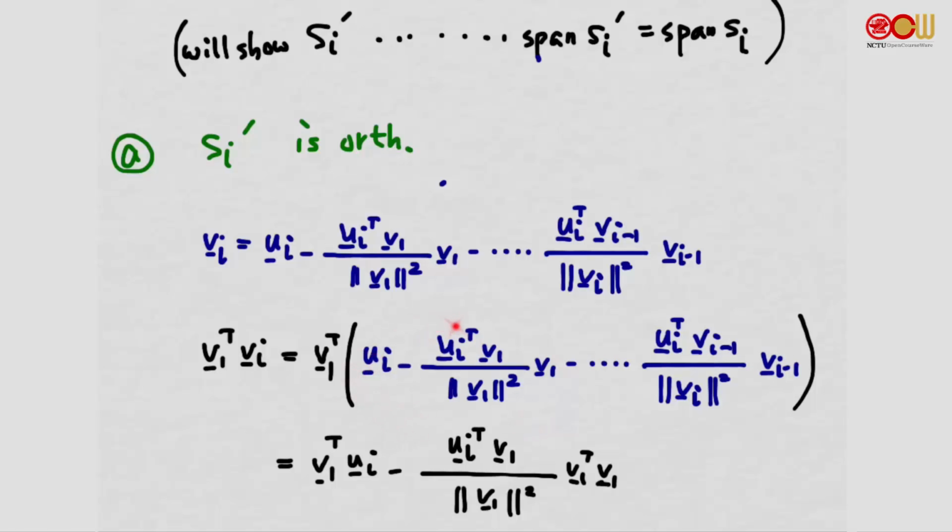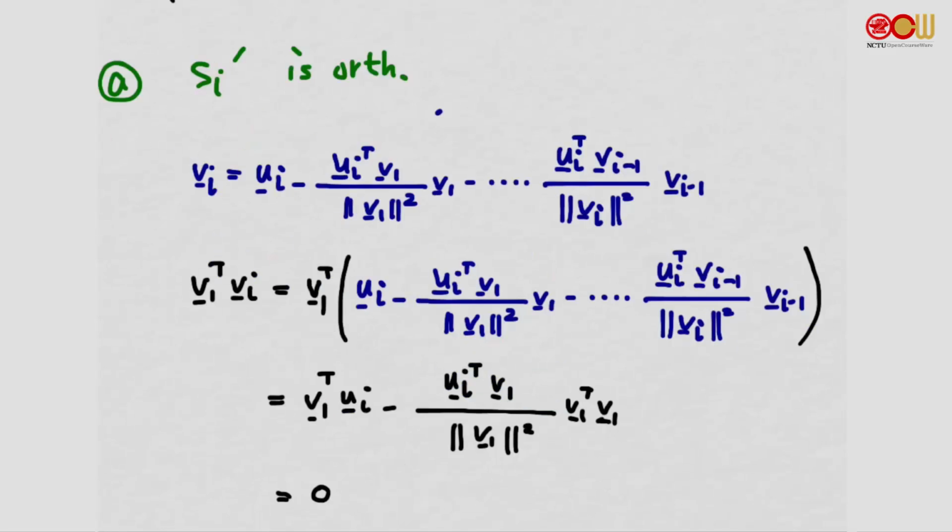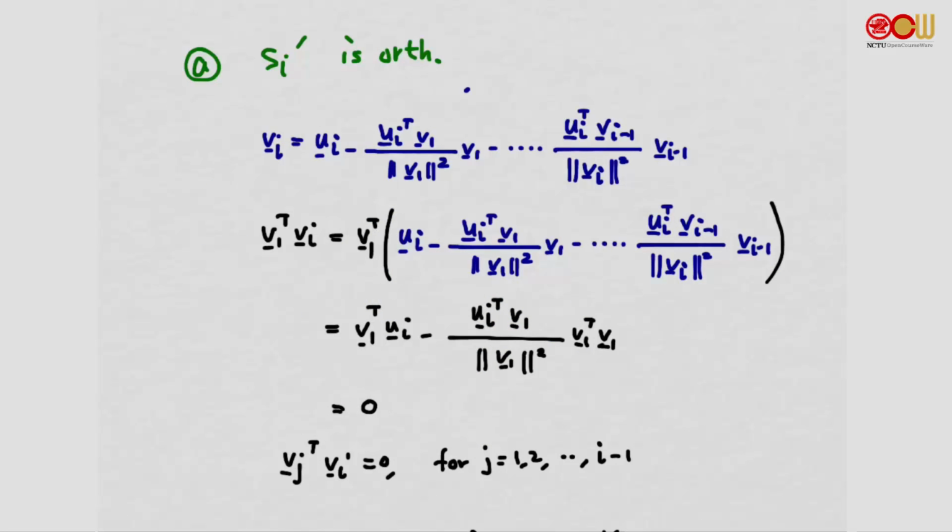And this is the orthogonal projection of Ui on V1, and we subtract this orthogonal projection from Ui, so it will be orthogonal to V1. So this is 0. In exactly the same way, we can show that Vj transpose Vi is 0 for j from 1 to i minus 1. So Si prime is indeed orthogonal.